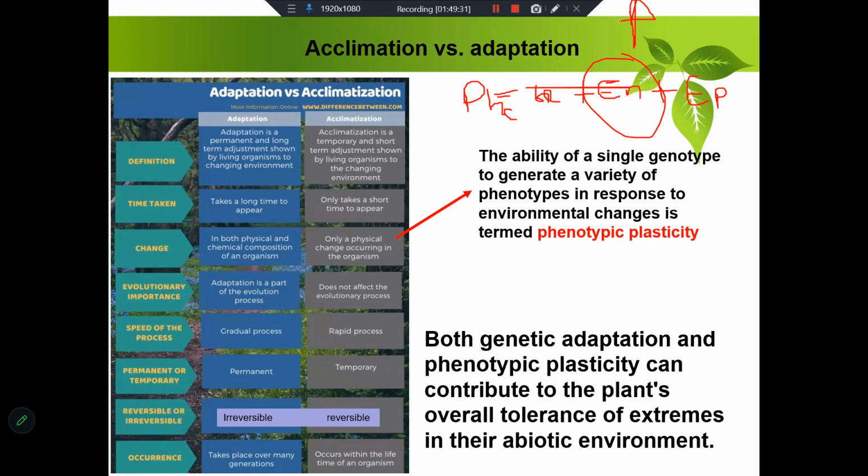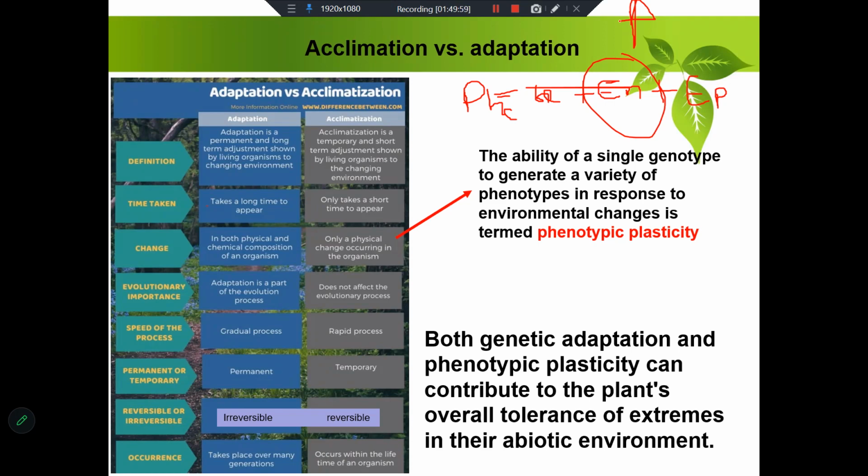Acclimation does not change the genes, so it will not affect the allele composition. As for the speed of the process, adaptation is gradual because the allele percentage gradually changes from one generation to another, but acclimation is a rapid process within a short period of time.